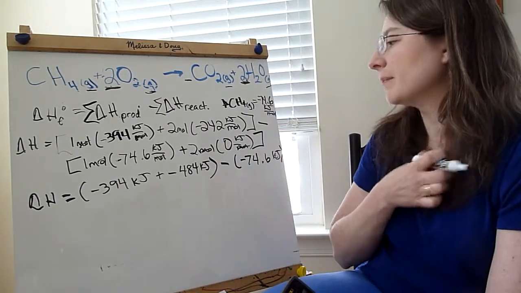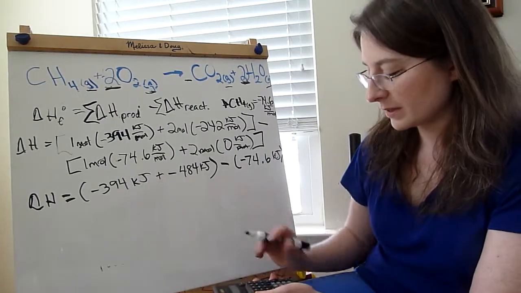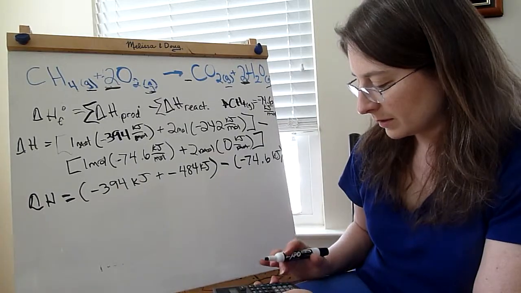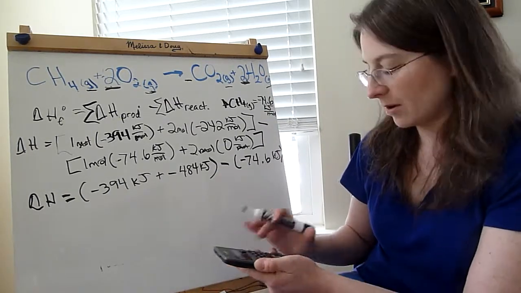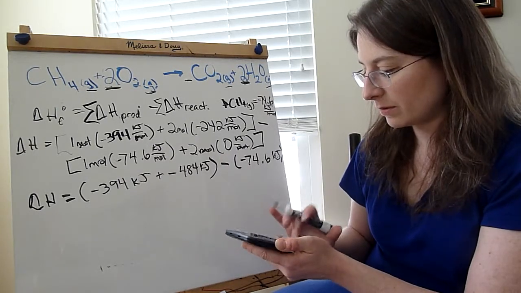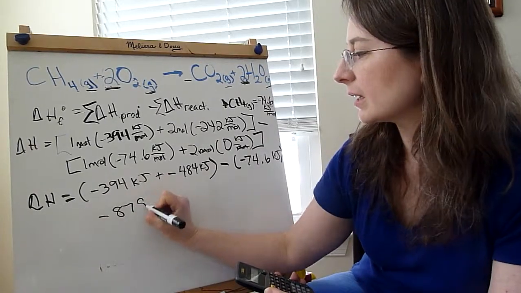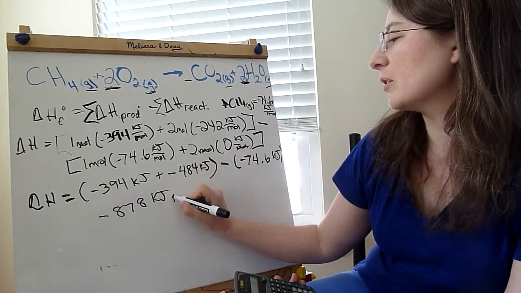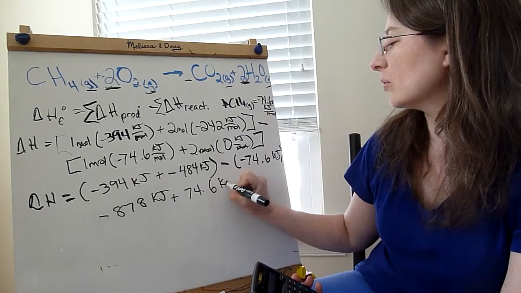Okay, so negative 484 plus negative 394. Oh, did it wrong. 394 plus 484. So that'll be negative 878 kilojoules minus a negative, so that'll be a plus 74.6 kilojoules.